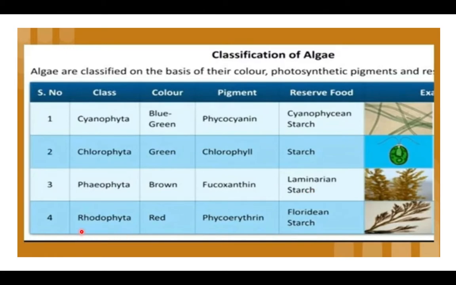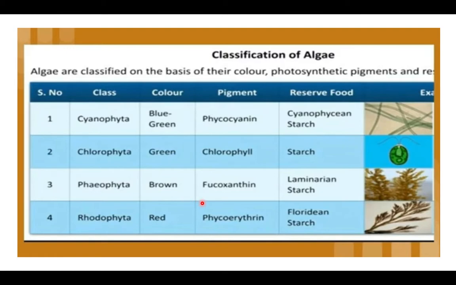And next, Rhodophyta, this is a red colored algae. The pigment present in it is phycoerythrin, and they reserve food in the form of Floridean starch. So from this, one-word questions may be asked, right?